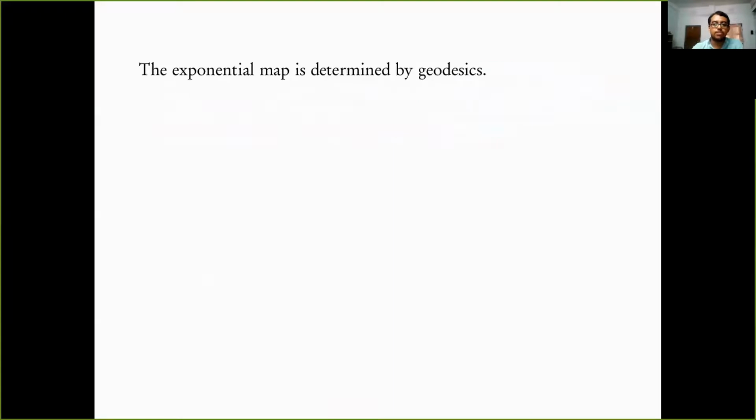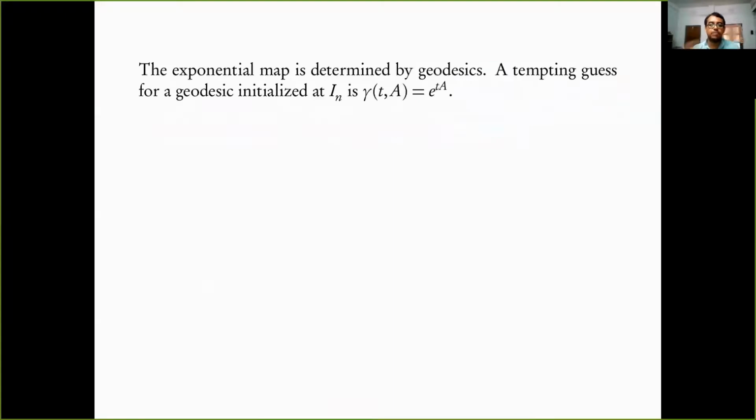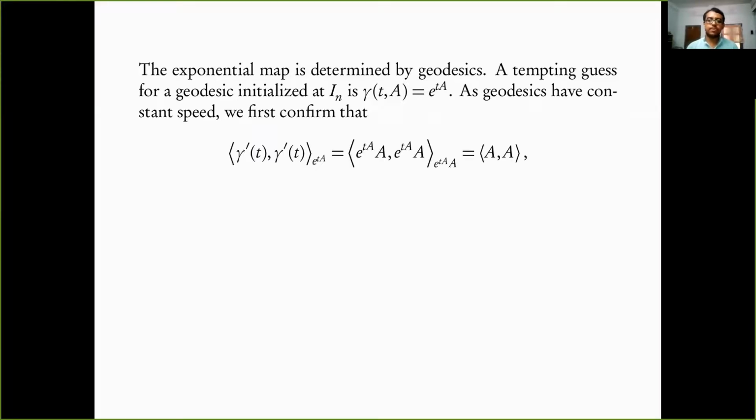So what we want is to calculate geodesics. As we discussed with a slightly lengthy introduction at the beginning, a tempting guess is to claim that e to the tA is a geodesic. So how do we show that this is a geodesic? Well, first of all, geodesics should have constant speed. So it's good to check that indeed that's true.